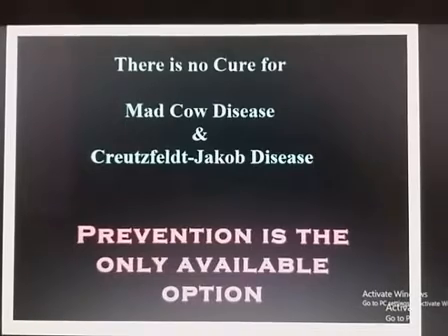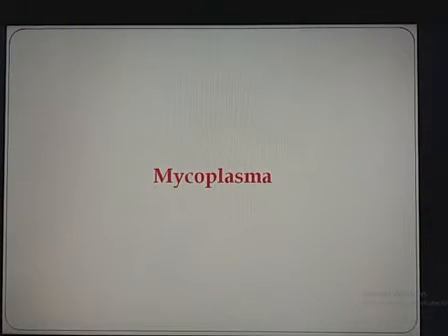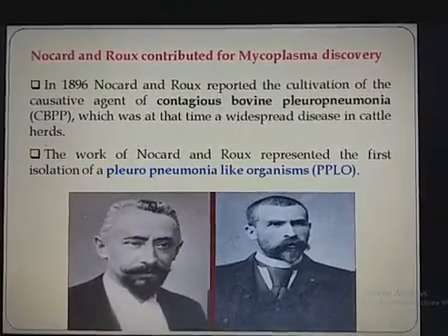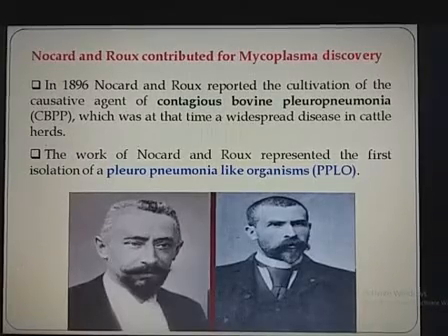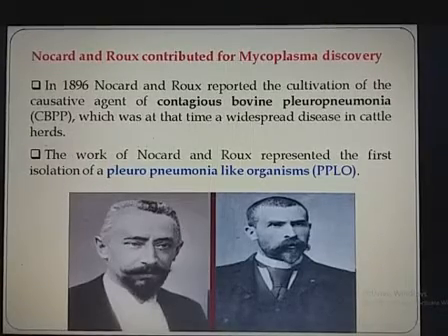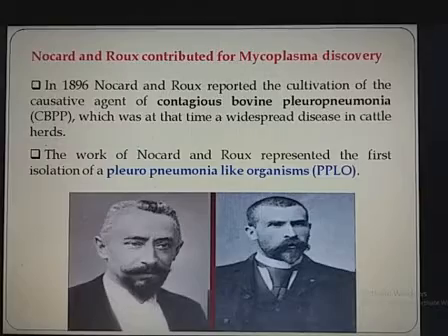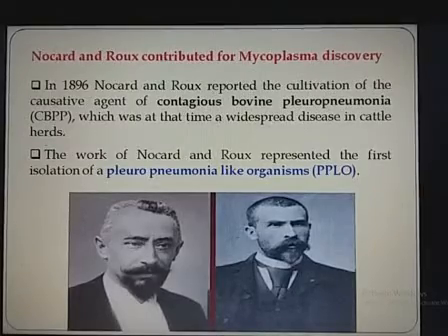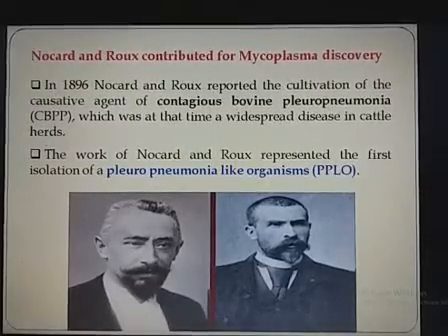Now finally, the mycoplasma. So what is mycoplasma? Basically in 1896, two scientists, Nocard and Roux, reported the cultivation of a causative agent which caused contagious bovine pleuropneumonia in cattle herds.